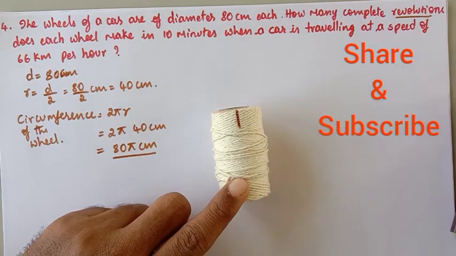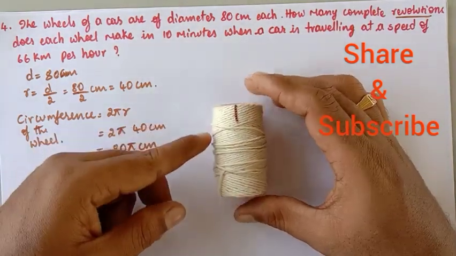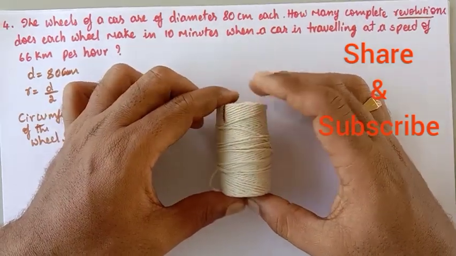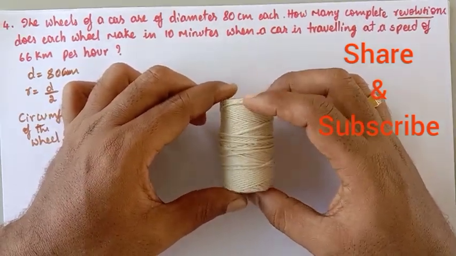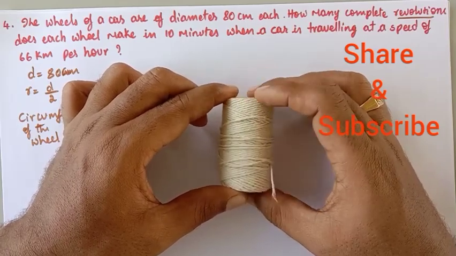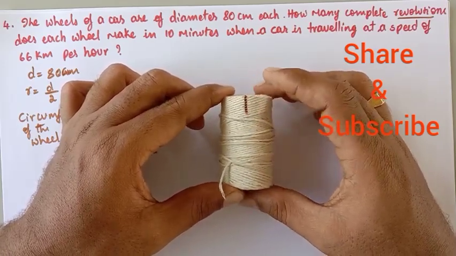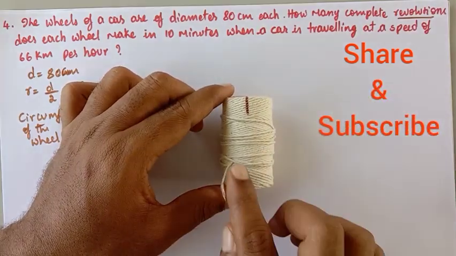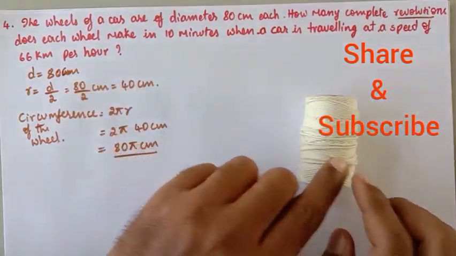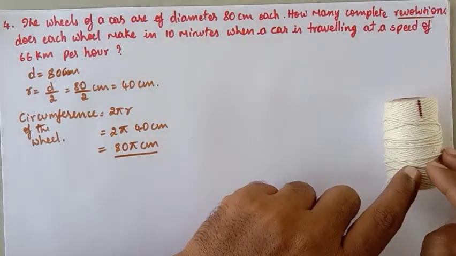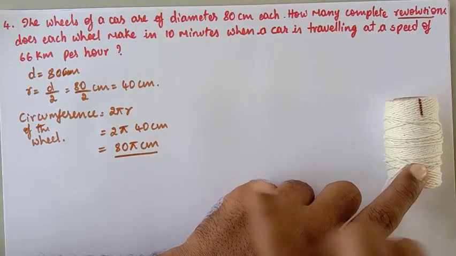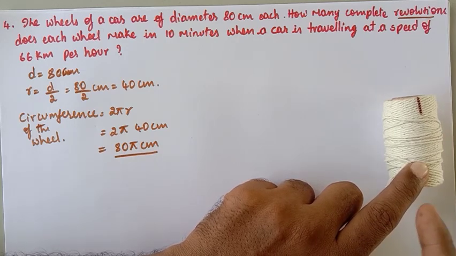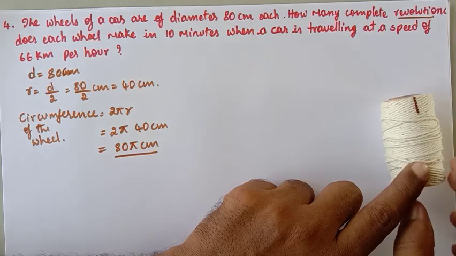If this wheel rotates in its own place, like this, it is called a rotation. Now, if it moves like this, it has completed one complete revolution. It has moved and it has also rotated. This is called the revolution.